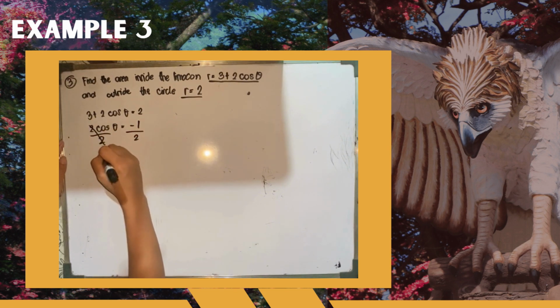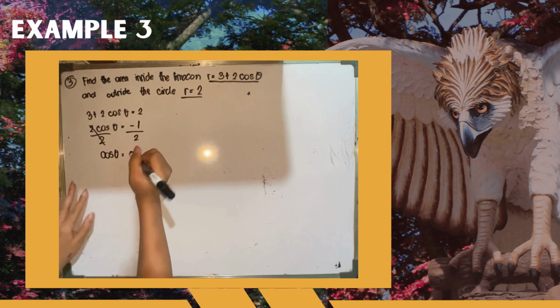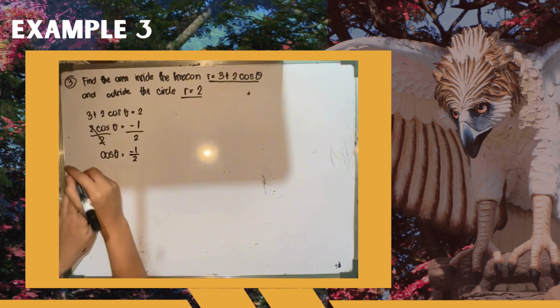We get cosine theta is equal to negative 1 over 2. The reference angle is pi over 3. Since cosine is negative in the second and third quadrants, for the first interval we have pi minus pi over 3.